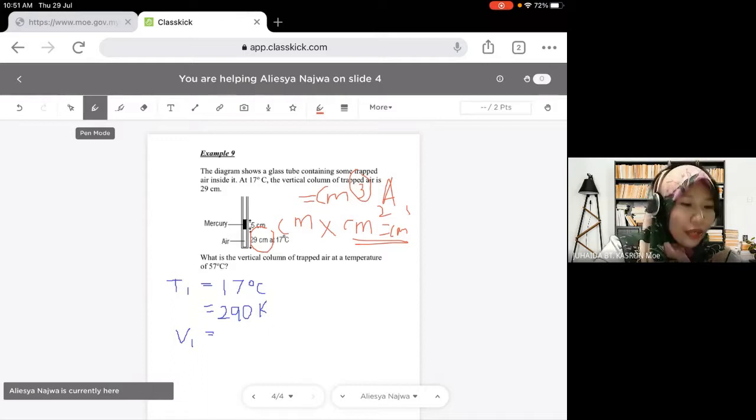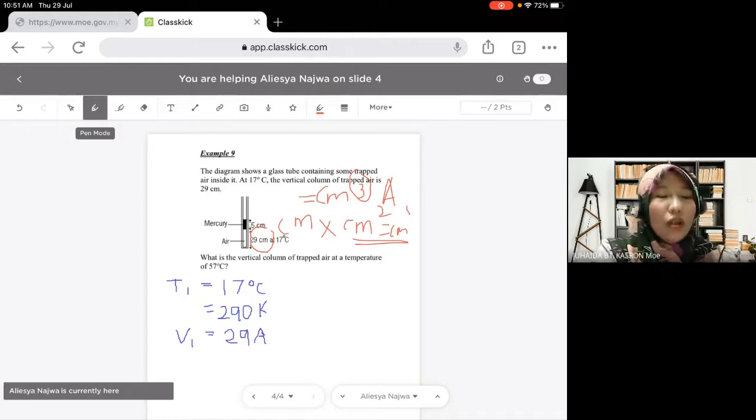Write it down, Alisha: 29A, where A represents the area. Now, what is the vertical column of trapped air at a temperature of 57 degrees Celsius? T2. Girls, please calculate. T2 is 57. So what is it in Kelvin?